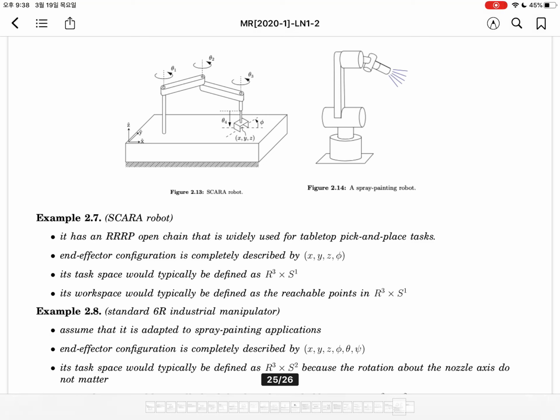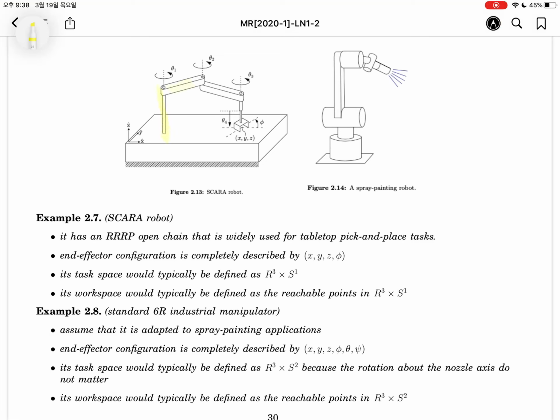The last two examples. Let's consider the SCARA robot system. This is the fixed base, and the first electric motor is assigned, the second one, and the third one, and a prismatic actuator is placed here. So to pick up the object and place the object is a pick and place task.